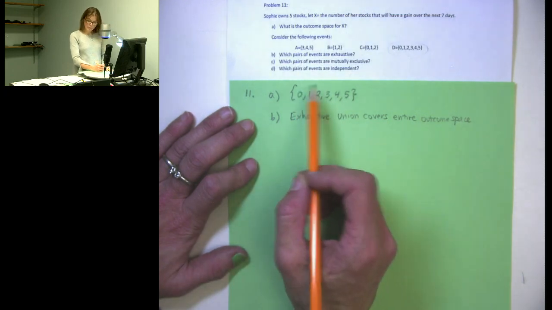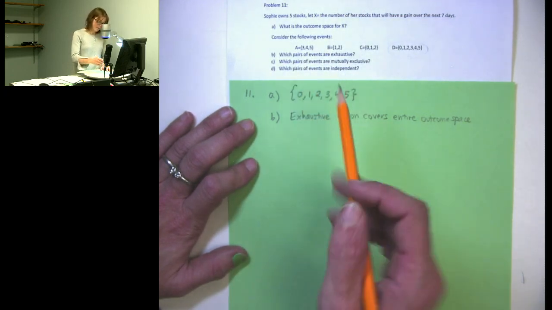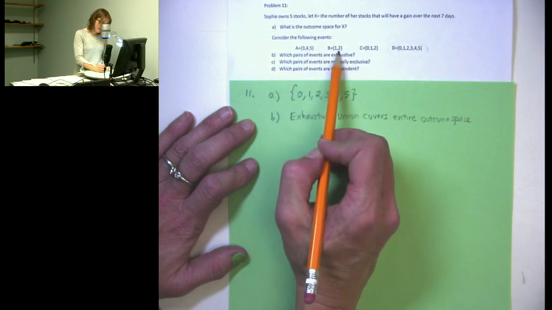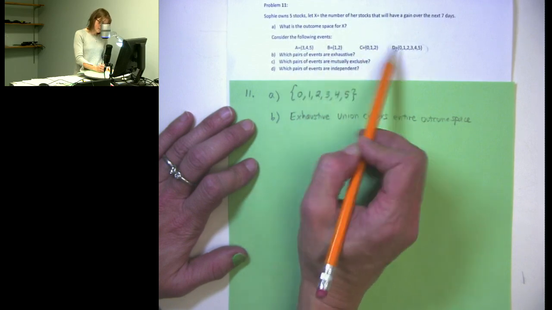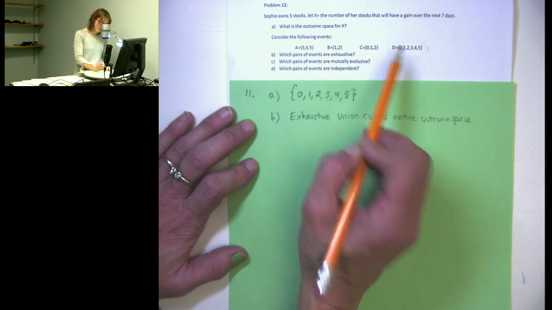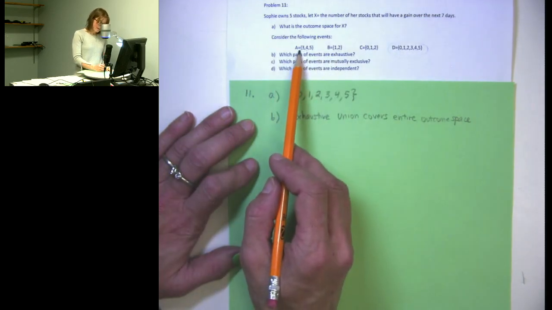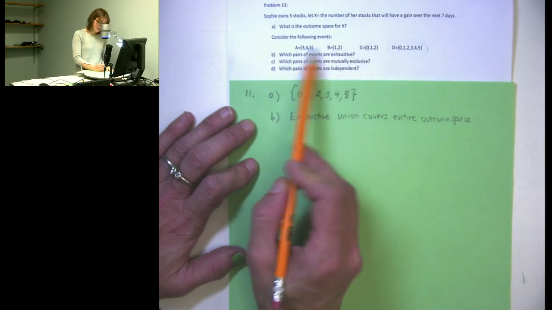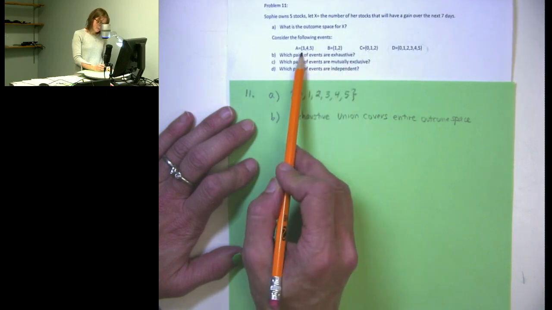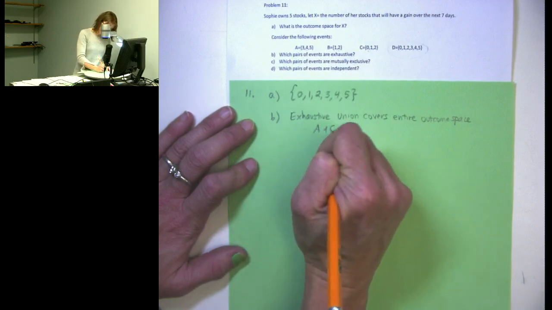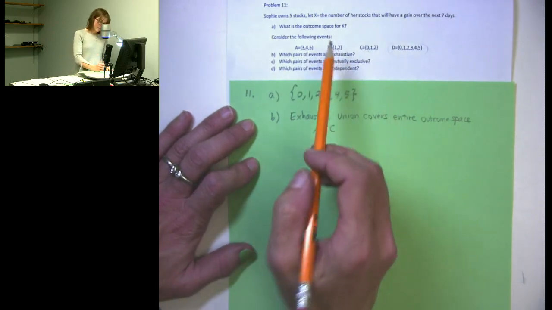So when I look at pairs of events that are exhaustive, say A and B, if those two happened, I still am missing the possibility that there are no stocks that have a gain. So A and B are not exhaustive. A and C are exhaustive because that includes all of the possibilities. So A and C are exhaustive.